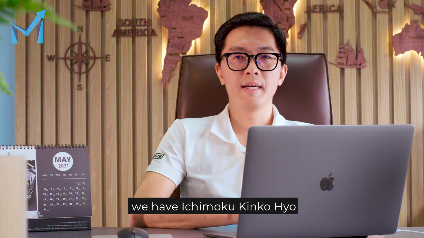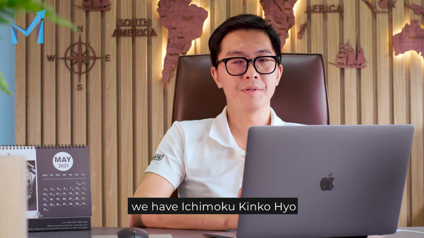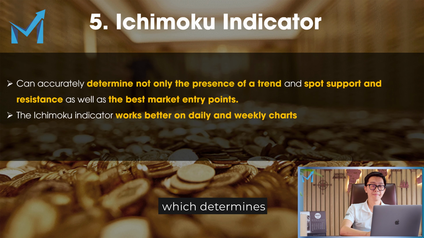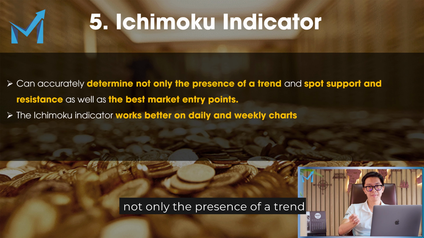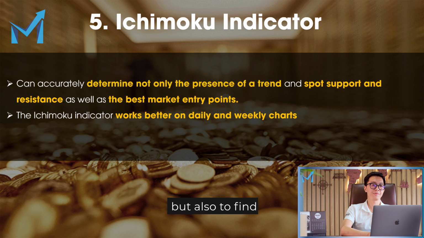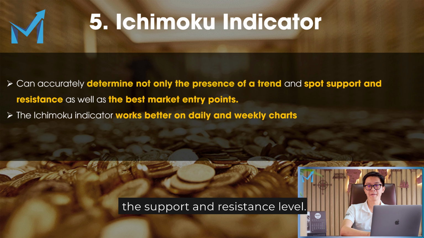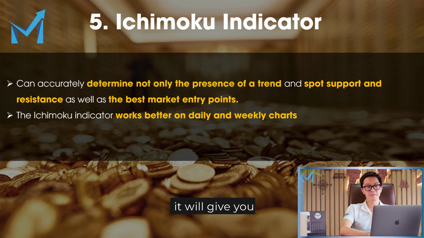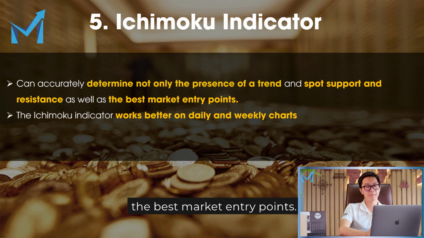Besides that, we have the Ichimoku Kinko Hyo, which determines not only the presence of the trend, it will help you to find the support and resistance levels, and of course it will give you the best market entry point. It consists of 5 lines. Tenkan Sen is a 9 period moving average line, which reflects a short-term trend.